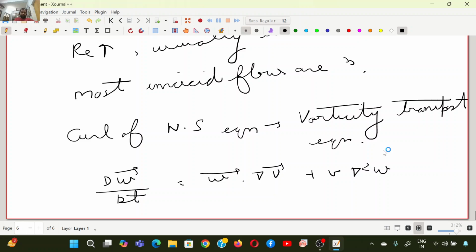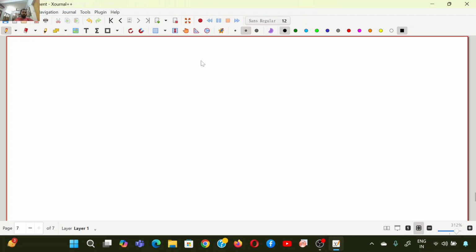And this will be zero if Reynolds number is very high, so essentially you'll take the inviscid flow case. In case of steady state, it just reduces to V dot del W is equal to W dot del V.